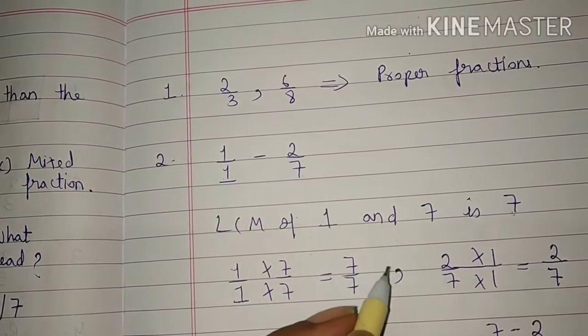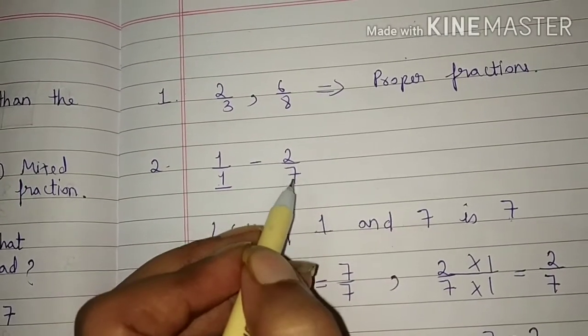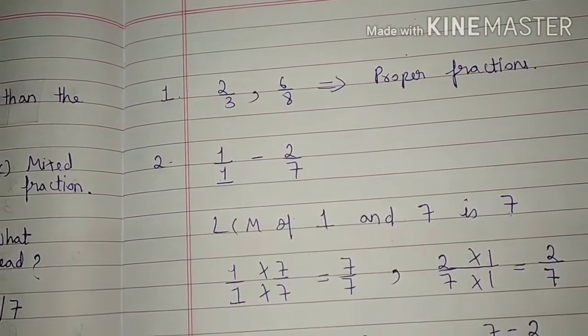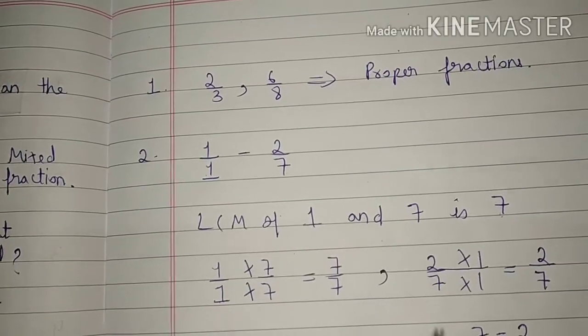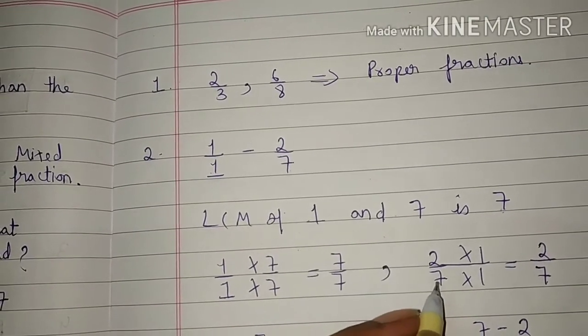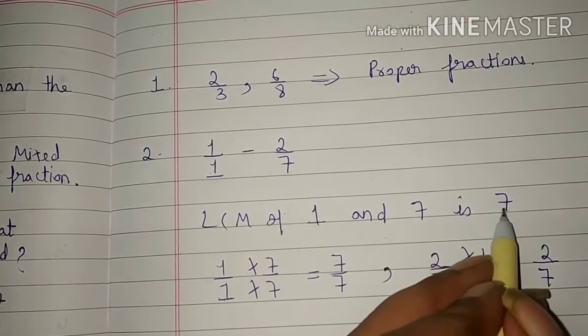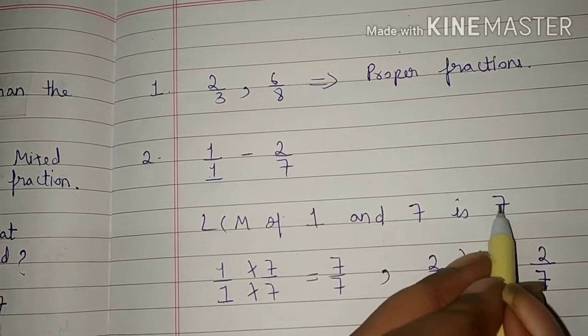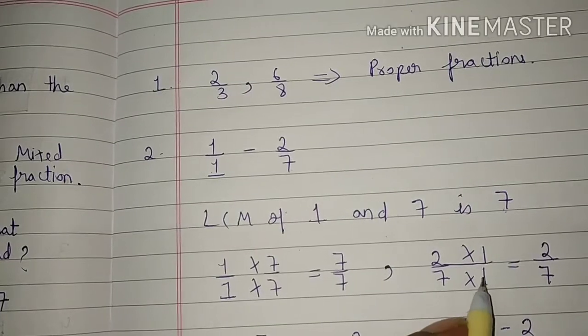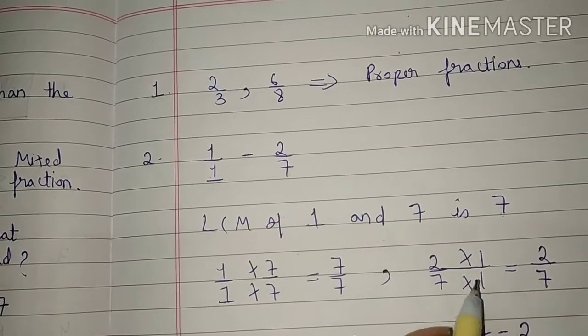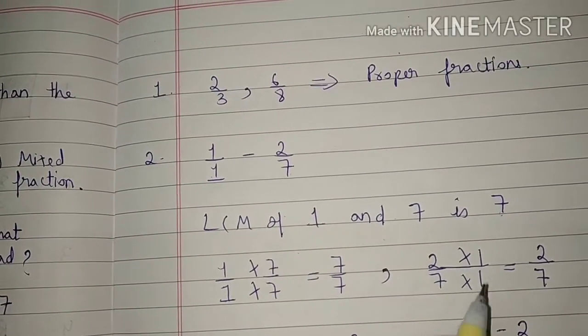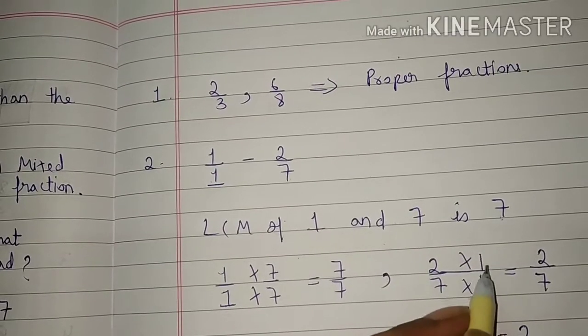Now students, you will copy down the 2/7 here. स्टूडेंट्स, 7 को कितने टाइम्स मल्टीप्लाई करें कि हमारा डिनोमिनेटर एलसीएम के बराबर आए, यानी कि 7 के बराबर आए. तो 7 into 1 is equal to 7. जिस नंबर से हम नीचे मल्टीप्लाई कर रहे हैं उसी नंबर से हम ऊपर भी मल्टीप्लाई करेंगे.